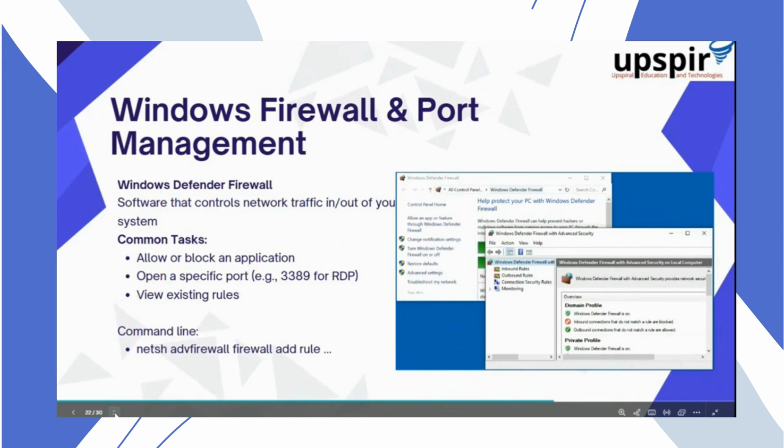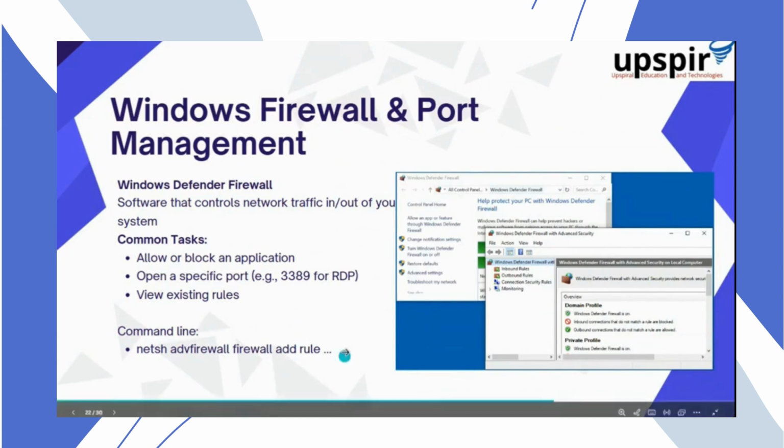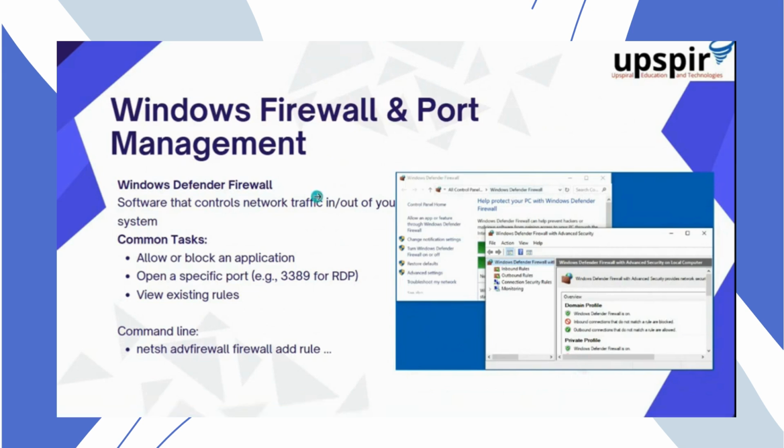If you want to configure your Windows firewall, you can simply write Windows Defender Firewall in your search box. It will open this kind of a window. If you are admin, you can configure the firewall rules. Even from the command line, we can configure these rules, but it is not essential to learn the command line. If you have configured your firewall well, your system will be more secure.